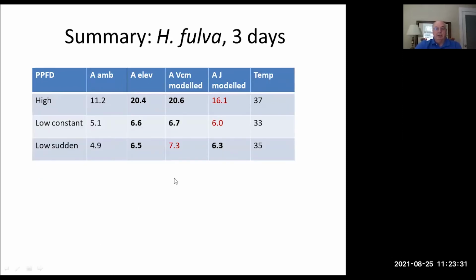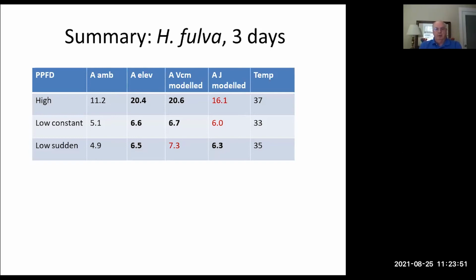And this is a summary for 3 days for Hammercallus, and we get exactly the same pattern. Again, these guys tend to operate at lower Cis. So you have a big stimulation from 400 to 600 parts per million.